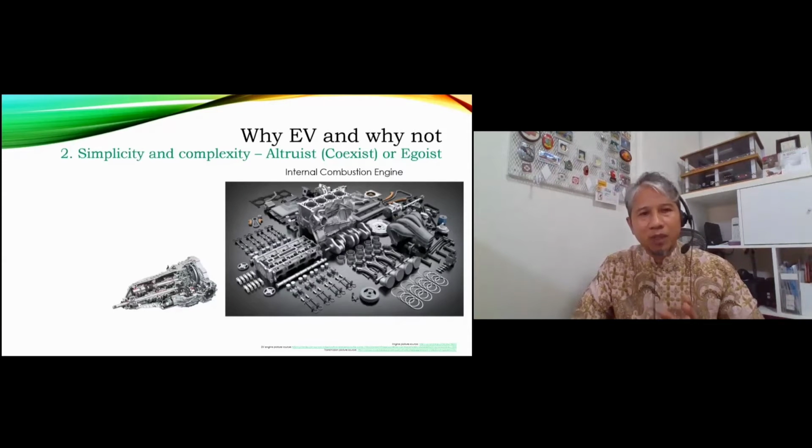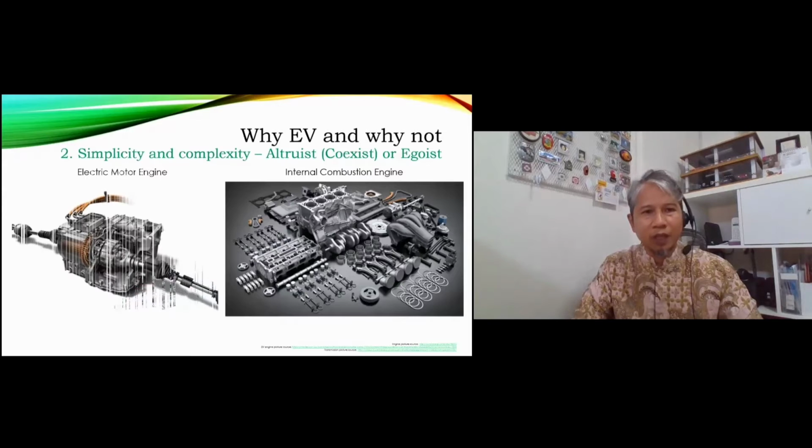And from this ICE technology that we have today, we are going to move to this type of technology, which is an EV. So the electric motor engine looks just like this, including the gearbox, everything is here. So without imagining, we can see the comparison of these two pictures itself says the story.